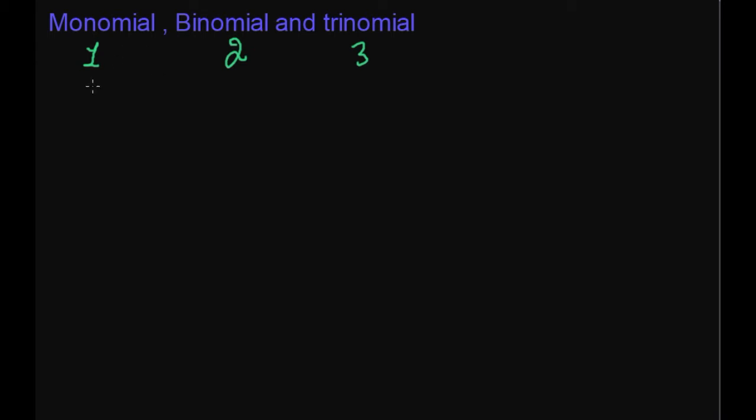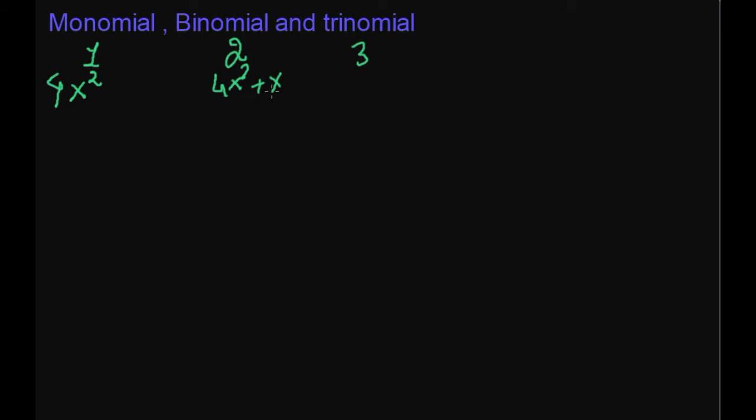How will we see what is one term? An example of monomial is 4x to the power 2. This is a polynomial function and this is called monomial. 4x to the power 2 plus x. This is called binomial. This is also a polynomial, but we can say this is a binomial.